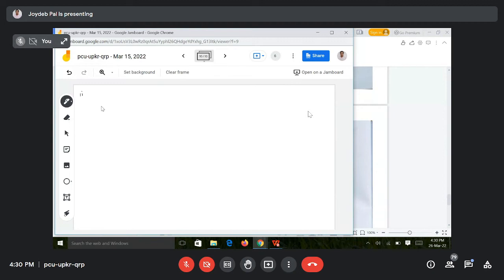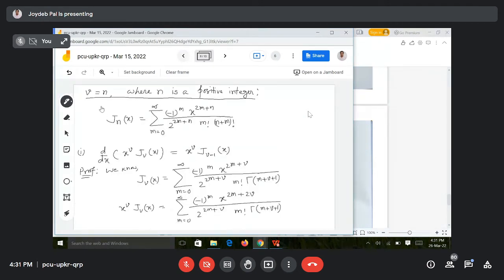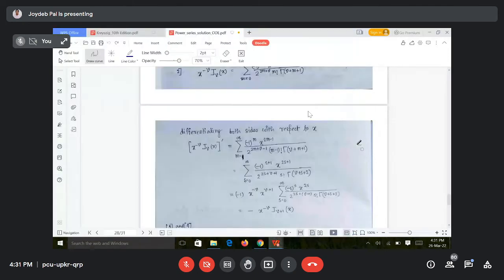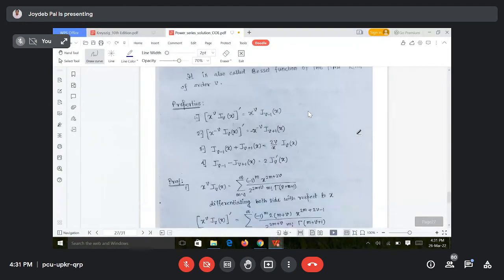So property number 2: d/dx of x to the power minus nu J nu(x) is equal to minus x to the power minus nu J nu plus 1(x), right? Let me check whether I have written the property correctly or not. Okay.